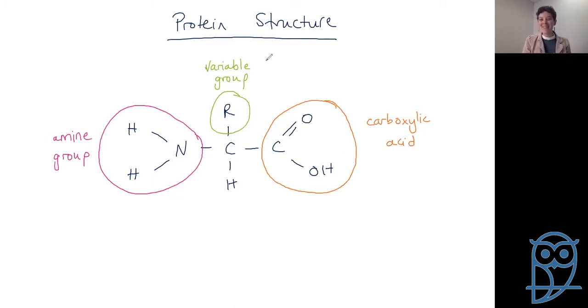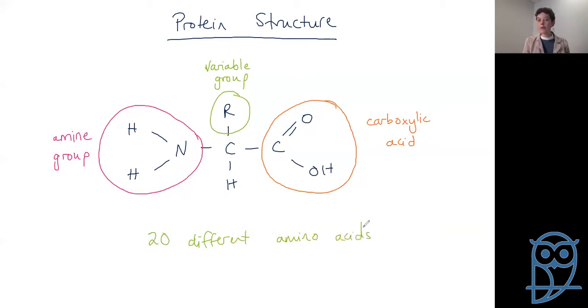We don't need to know the details of all those different groups, but we do need to know that R is where our variable group sits, and that we have 20 different variations, which gives us 20 different amino acids.